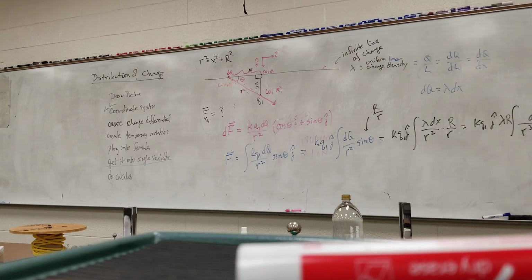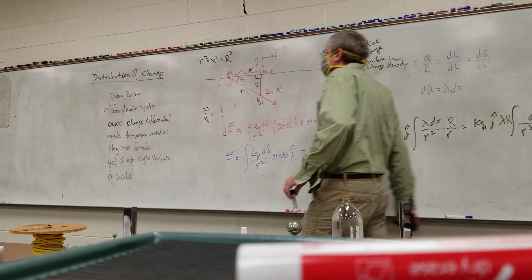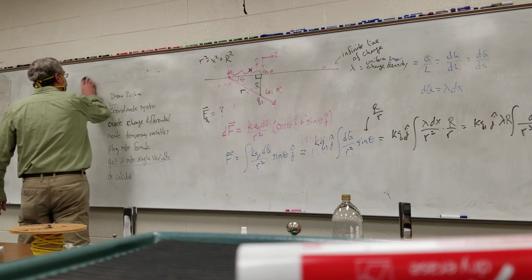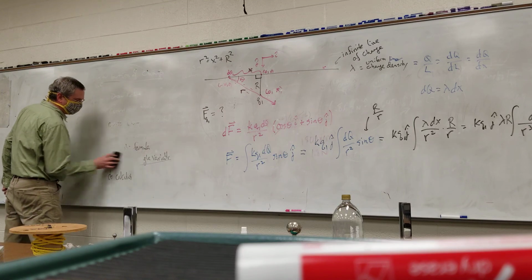So I have a single variable I can put in my limits of integration. What are the limits of integration? We said infinity, so negative. So we are at that last stage of do the calculus.